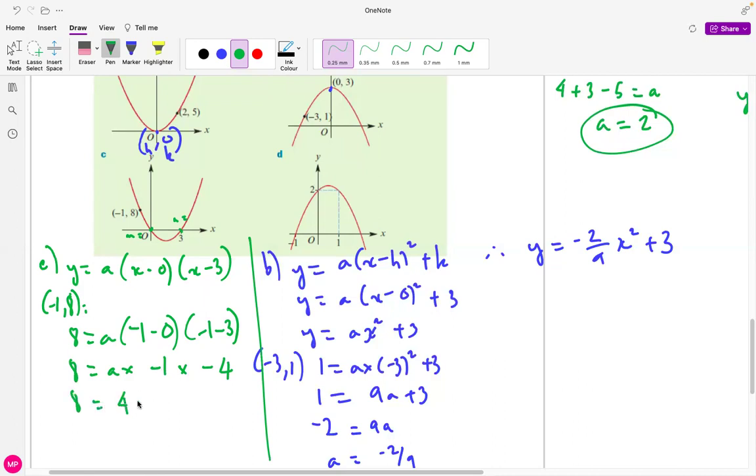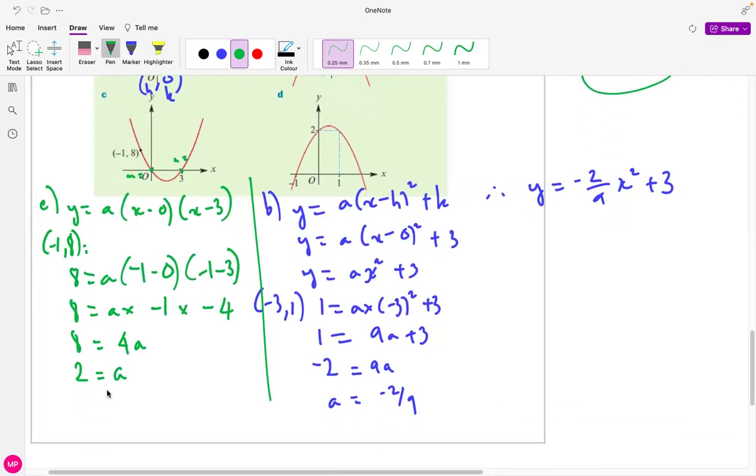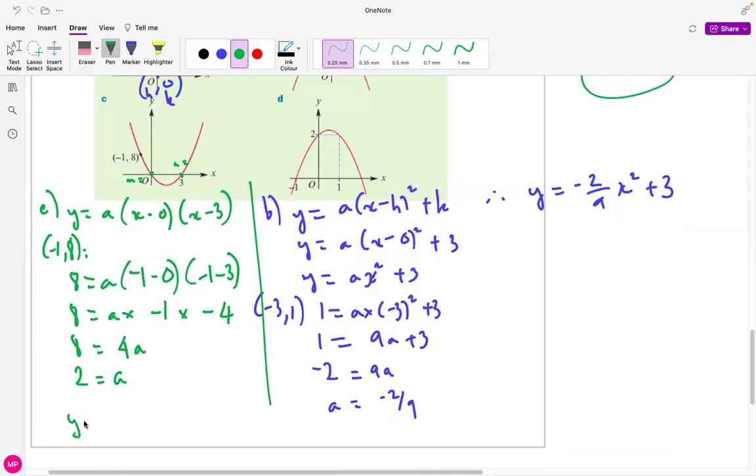So 8 equals 4a. 8 divided by 4 is 2. And there you go. You have an equation, which is y equals 2 times x minus 0, times x minus 3. You didn't have to write x minus 0; you can just write 2x times x minus 3 like that.